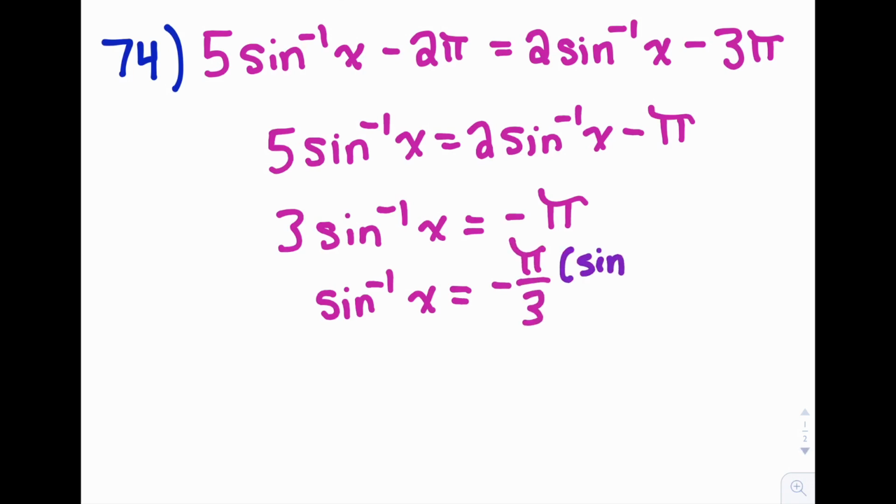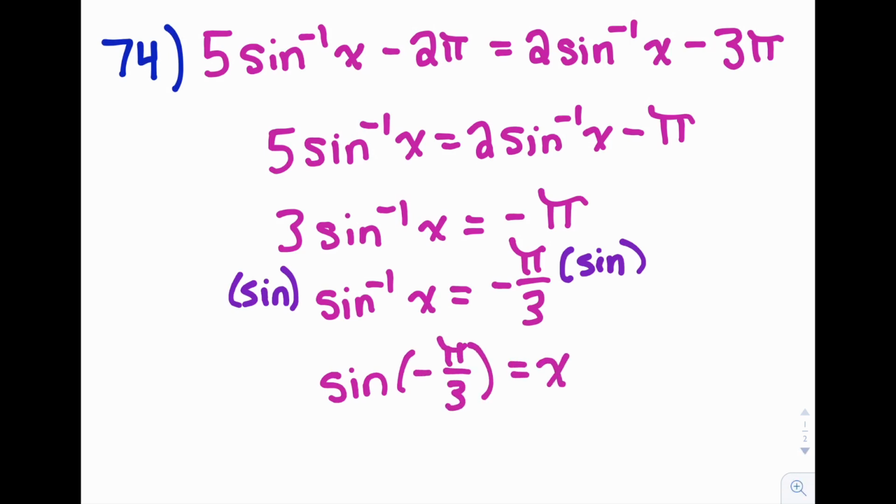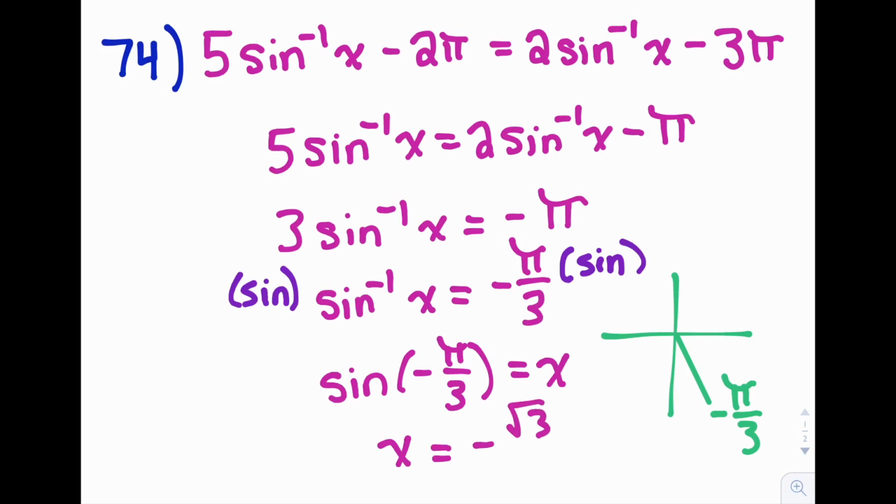Then, by multiplying both sides by sine, you end up with the sine of -pi/3 equals x. -pi/3 is in the fourth quadrant, so you know that your answer is going to be negative. Therefore, your answer is going to be -√3/2.